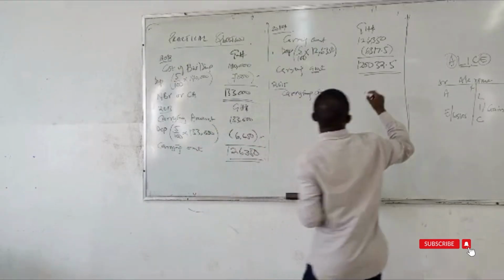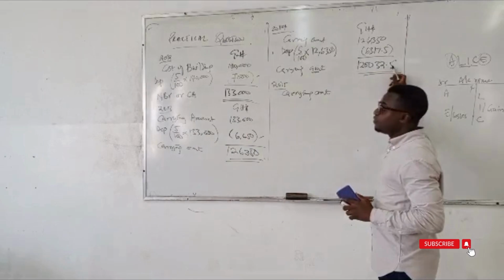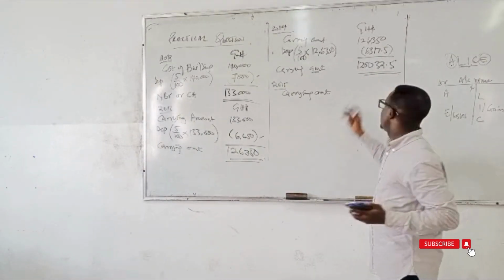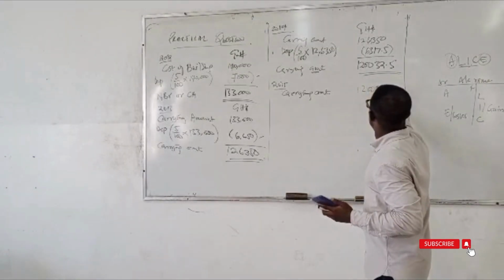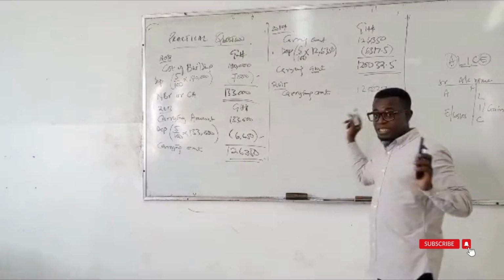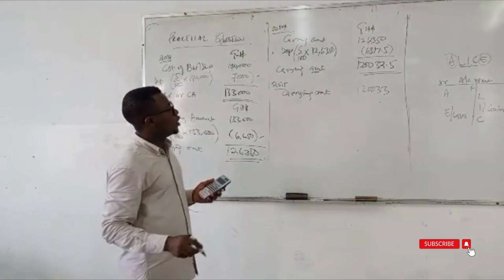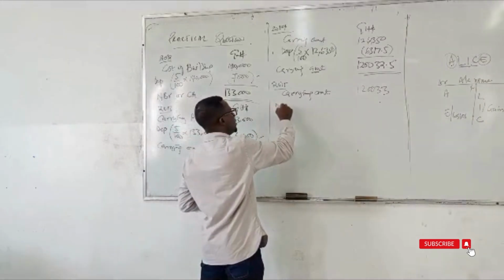So since you are having 6317.5, let us approximate it so we can do away with the decimal fraction. So let's make it 120033 for convenience. Then depreciation for the year.